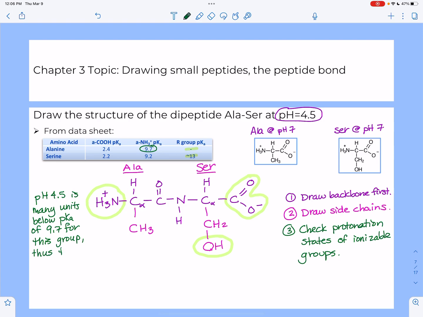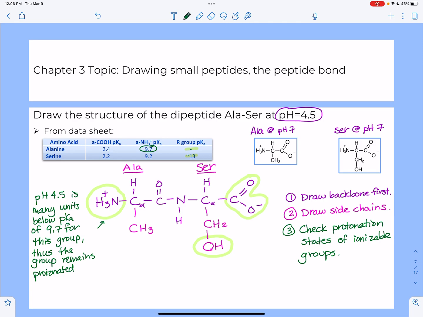Thus, the group remains protonated. All right, so this group stays protonated, and that's what it looks like.